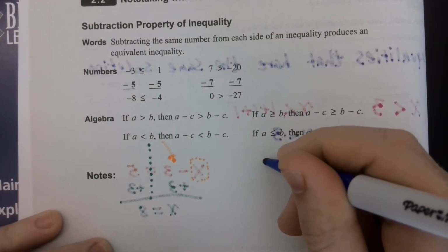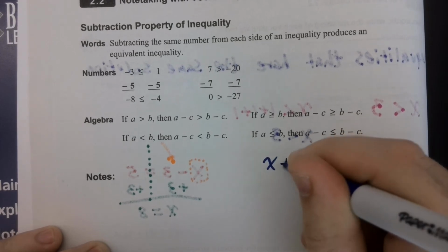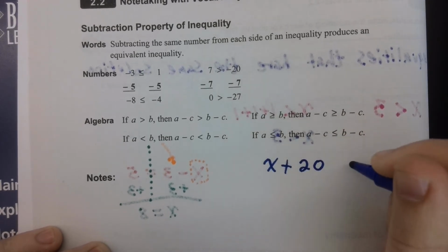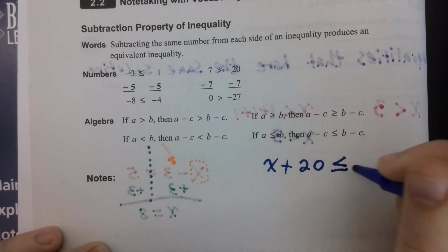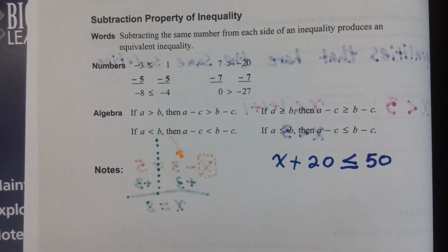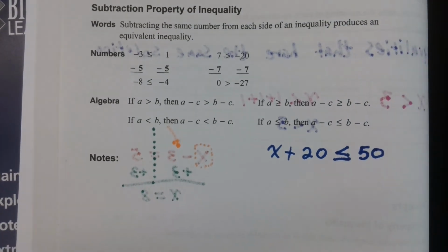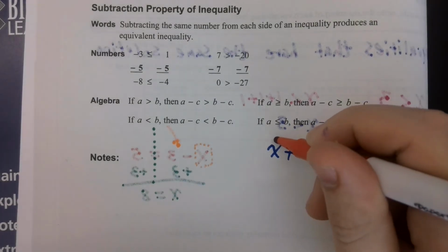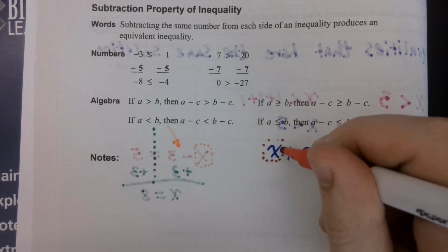Let's give this one a test as well. x plus 20 is less than or equal to 50. Again, we want to get x all by itself. So we have to do the opposite of whatever's being done to it on both sides. Well, what's being done to it?